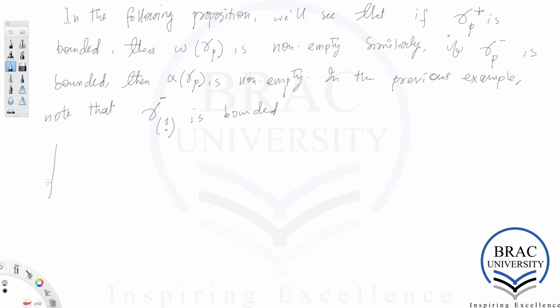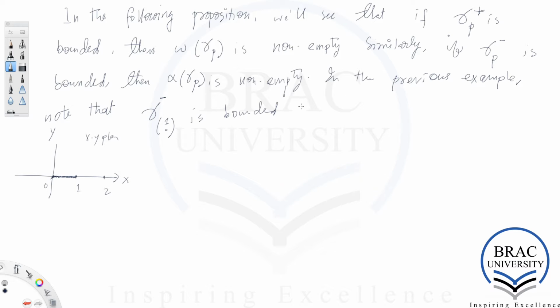Remember that if this is the xy plane, this is the x-axis, this is the y-axis, and so this is 0 and this is 1, this is 2, and it goes onward like that. So the backward semi-orbit for the flow theta through the point 1, 0 was given by this finite strip, and this was bounded, as we have seen earlier for the previous example.